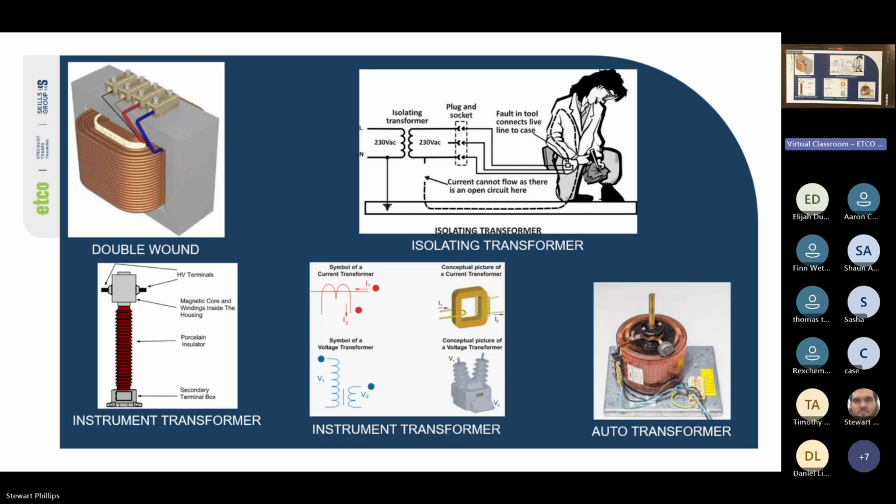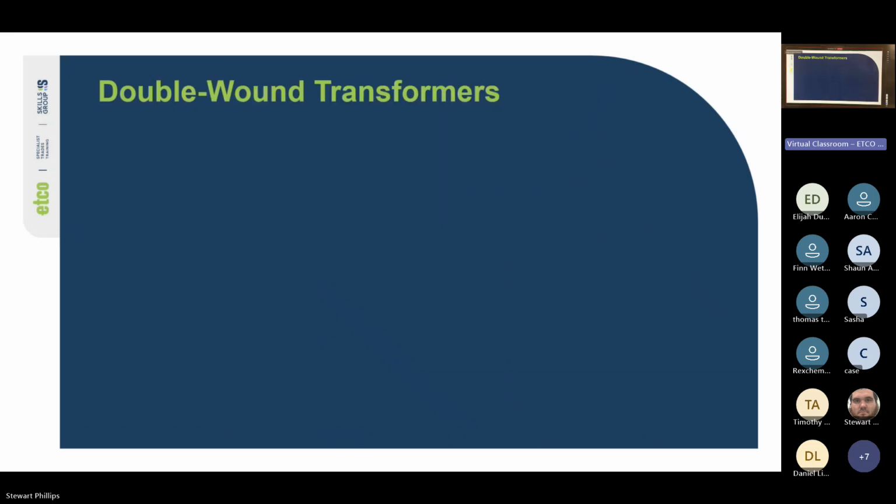So a potential transformer is used for measuring voltage, whereas a CT or current transformer is used for measuring current. We'll go over that a little bit more later in the lesson when we talk about the instrument type transformers. Cool. So the first we'll talk about is your standard double wound transformer.